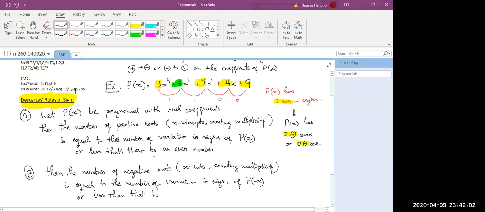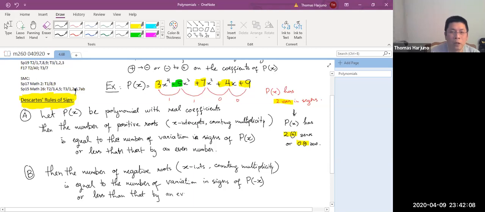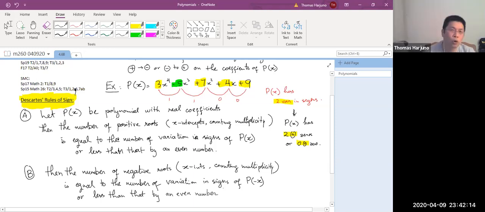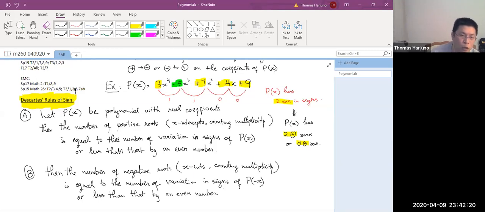Sorry, quick question. What's the even number part for? Do you remember the conjugate zero theorem? Basically, if you have a complex zero, like the root or the solution of an equation is a complex number, then the conjugate is also a solution.